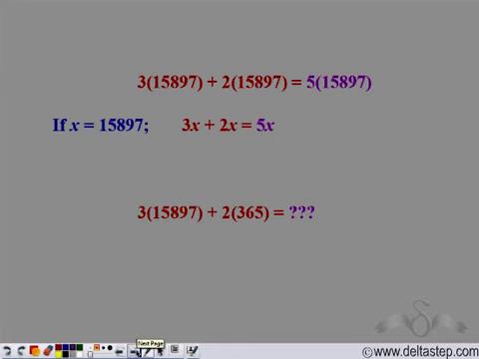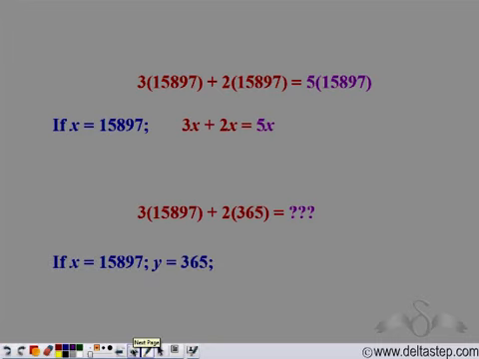However, if you have a question like this, 3 into 15897 plus 2 into 365, then what can you do? So if we represent this with an X and we represent this by Y, because we have already represented 15897 by X, we cannot use the same symbol for 365. We have to represent it with a different symbol.